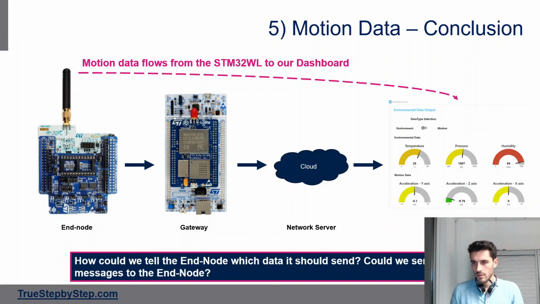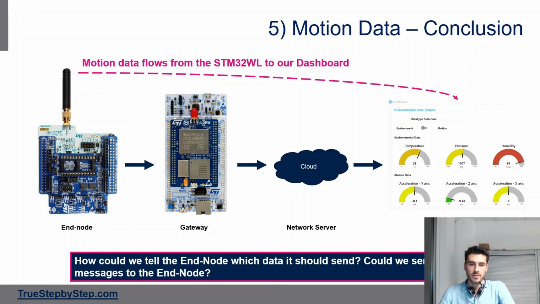Okay, so in conclusion, we now have a system, a network, where we are able to stream motion and environmental data from our end node to a dashboard, and it's working fairly well.